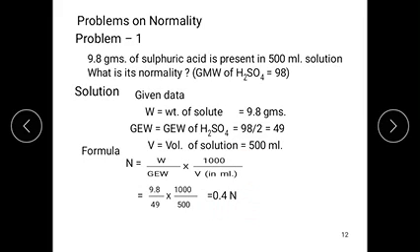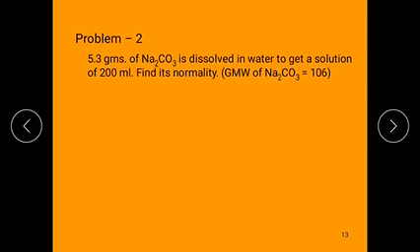Our next problem is: 5.3 grams of sodium carbonate is dissolved in water to get a solution of 200 ml. Then find its normality. The gram molecular weight of sodium carbonate is 106.